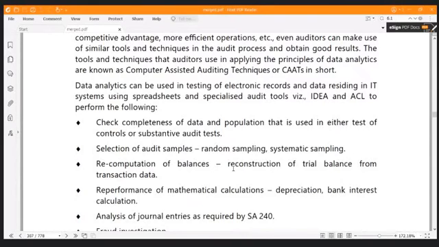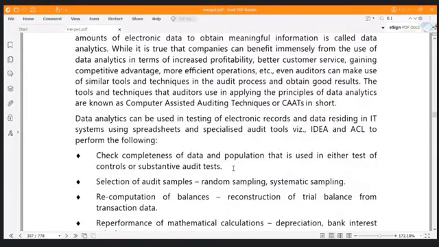Now let us move on to something called data analytics. Data analytics is basically taking the past data and doing an analysis out of that. What analysis do we do? There could be a wide range of analysis.